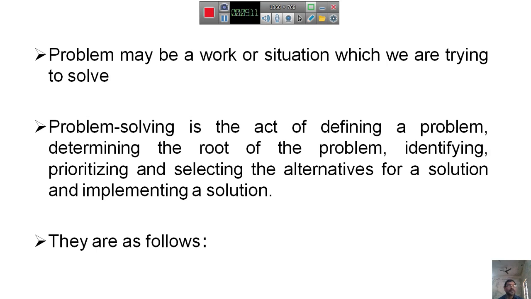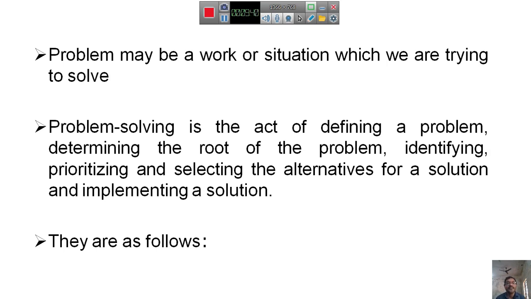So we have to identify the solutions, and after getting them, we have to prioritize them: first which we have to take, and second which we have to take. Then select the alternative which is the best solution to solve that problem.